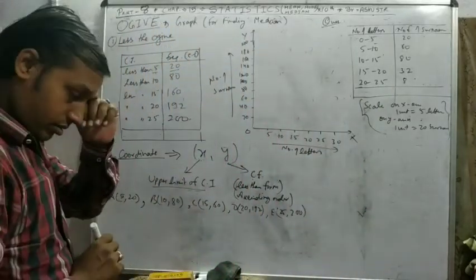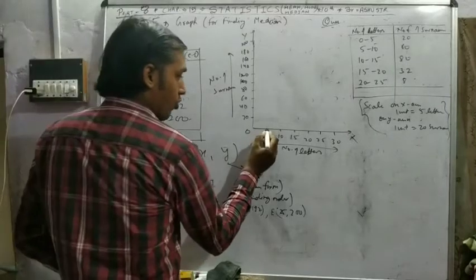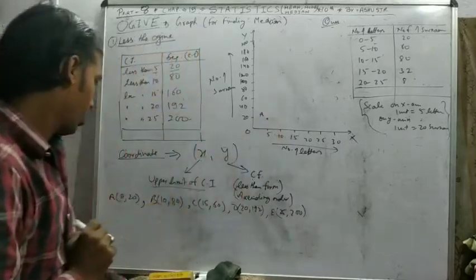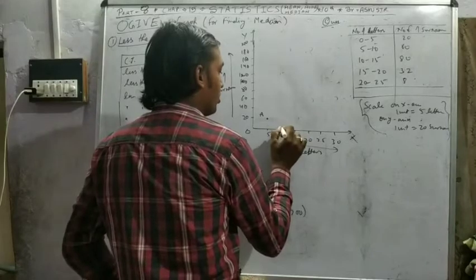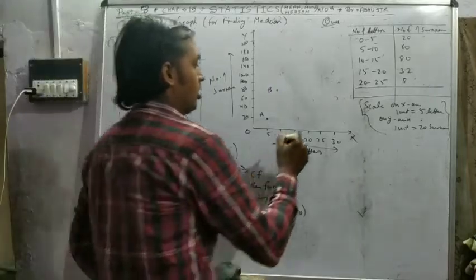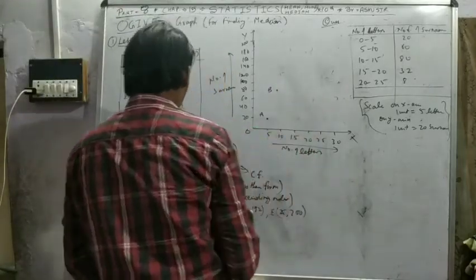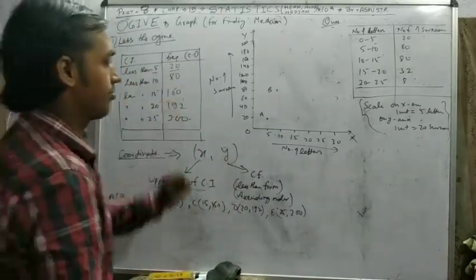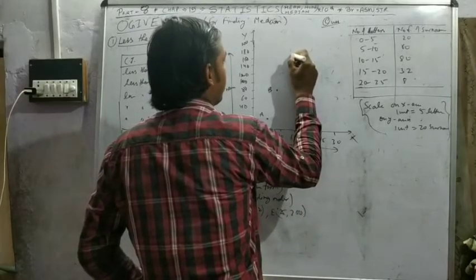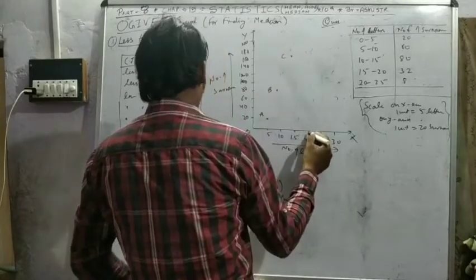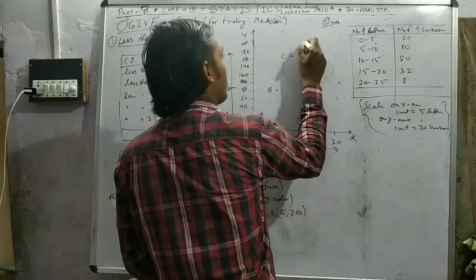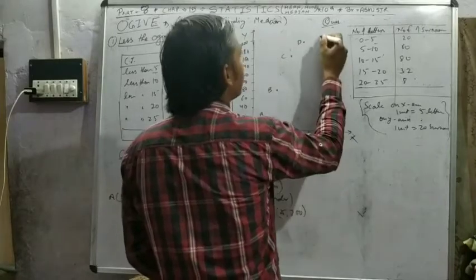Then we plot the point 5, 20. I hope you all know how to plot a coordinate. 10, 80. 15, 60, sorry, that is a mistake, 160, because it is already in ascending order, so it increases upward to 160. Approximately 20, 192, about 190 and a little above. 25, 200.